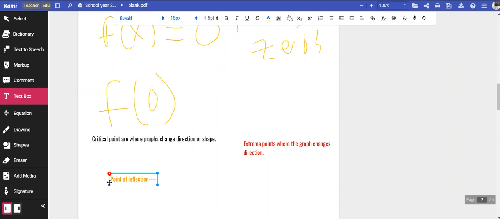A point of inflection is where the graph changes its shape, but not direction. That's called a point of inflection.